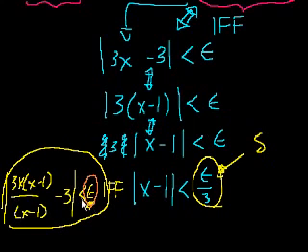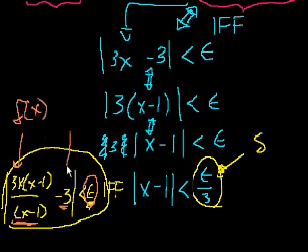I want the function to be that close to the limit point. And this is just the distance between the function, f of x, and the limit that it approaches. So you want to be that close. And I say, well, you're going to be that close if and only if the distance between x and 1, the value it's approaching, is less than this. And we just proved this algebraically.